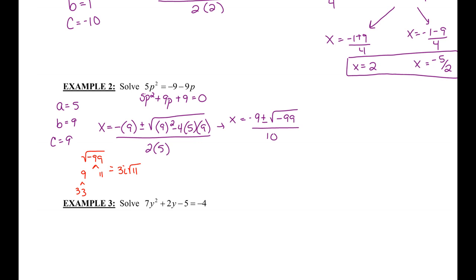So if I go back over here, I get x is equal to negative 9 plus or minus 3i square root 11 over 10. Because of the radicals, I can't simplify this any further, so I can leave my answer like this with the plus or minus. Please try example number 3 on your own and then look at the next page.